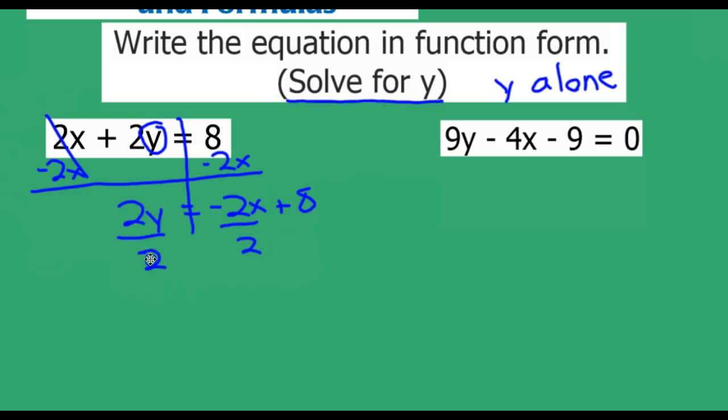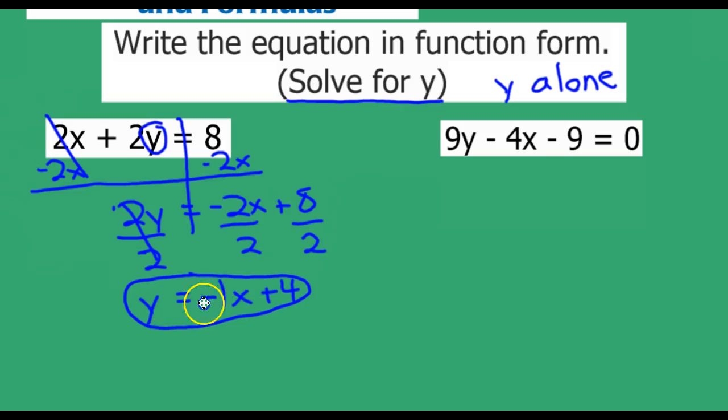Now, when I'm dividing by 2, here, to get y by itself, I need to divide everything by 2 on this side. So what I'm going to have then is y equals negative 2 divided by 2, that's negative 1x, plus 8 divided by 2, which is 4. So this is our answer because now y is by itself. We got y alone. We don't need to solve it for anything else.